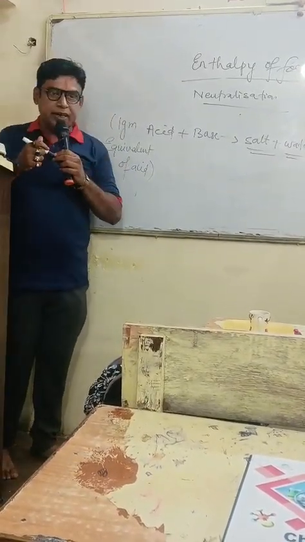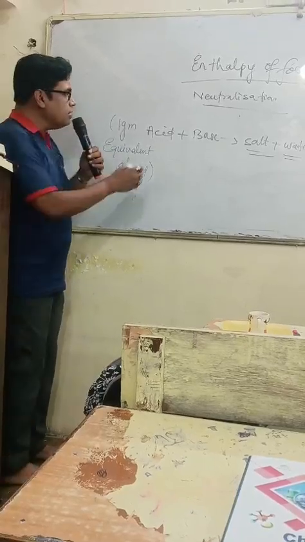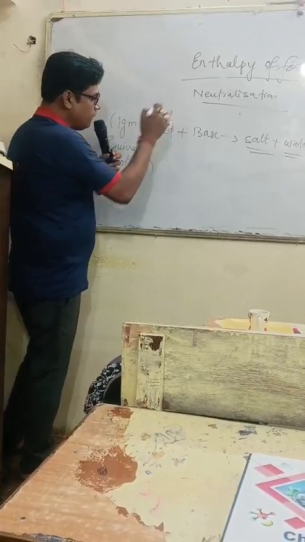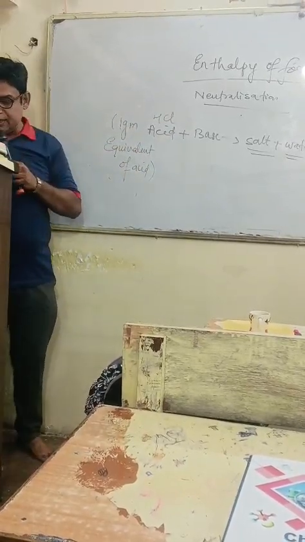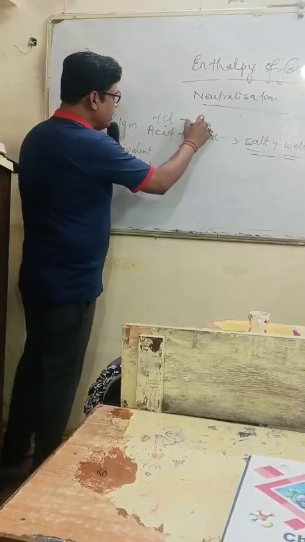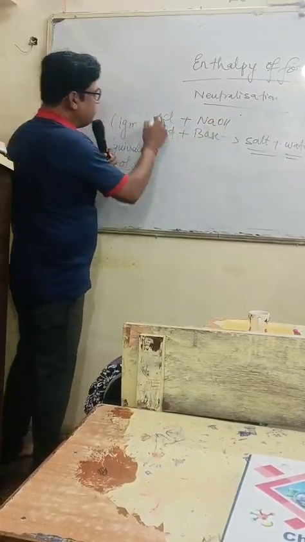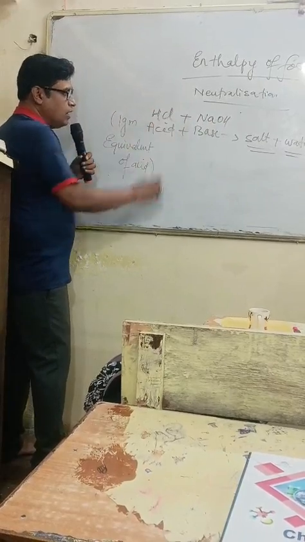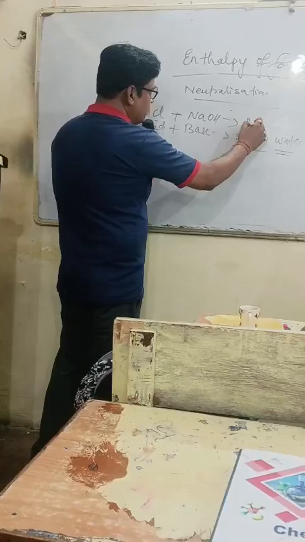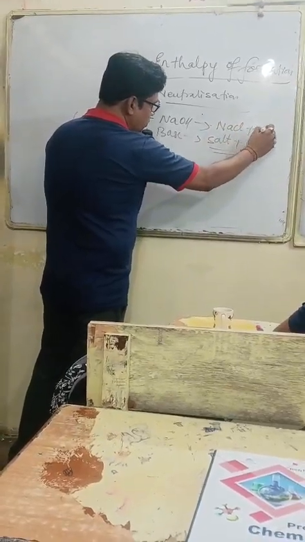Let me show it to you practically. Let us see acid. Suppose I have taken HCl as an acid, and I have taken a base, NaOH. If I react them together, it gives NaCl plus H2O.